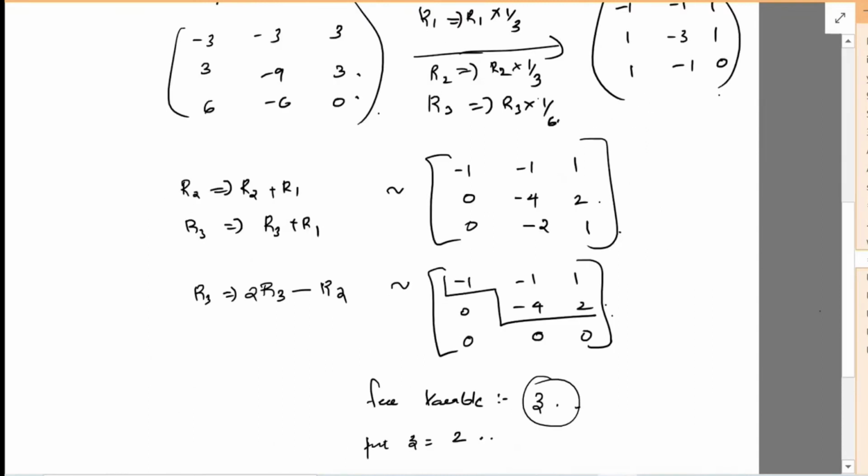Okay. So in the last class, we discussed what is called algebraic multiplicity. There is one more term called geometric multiplicity.